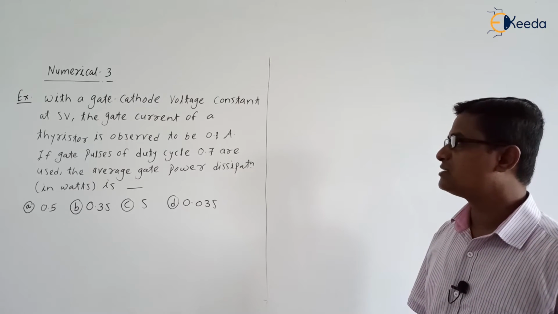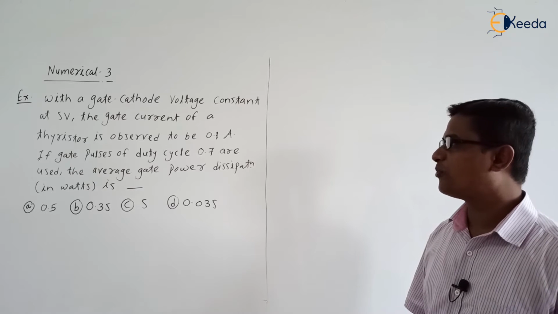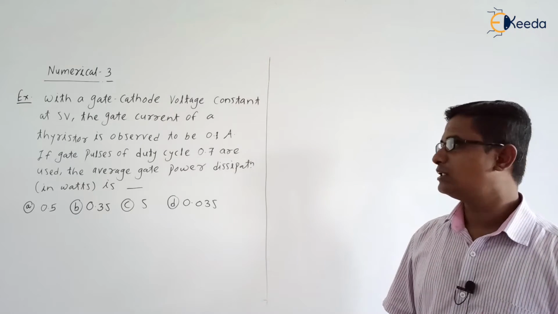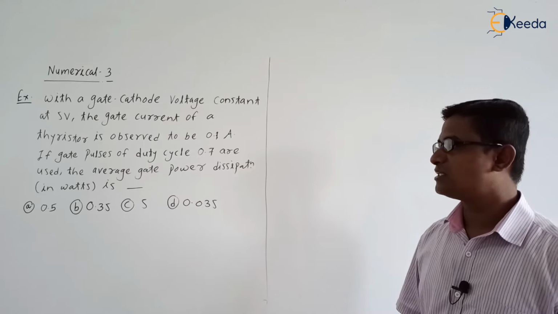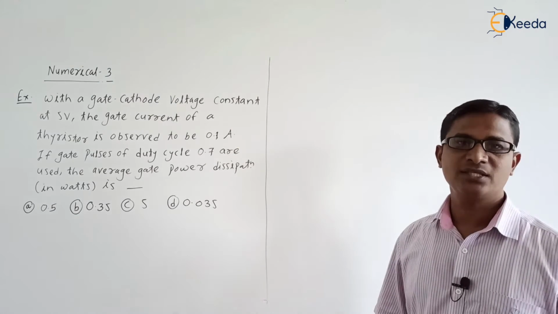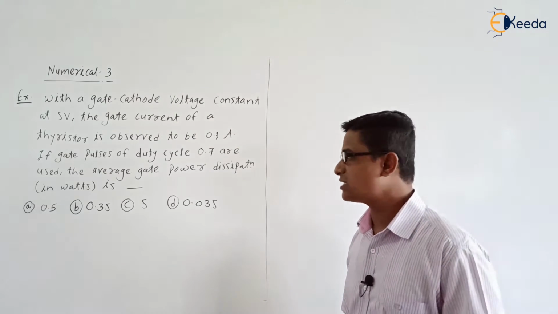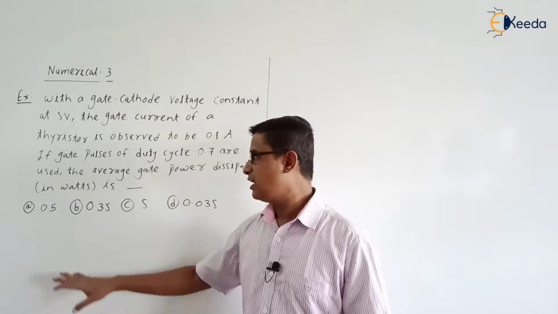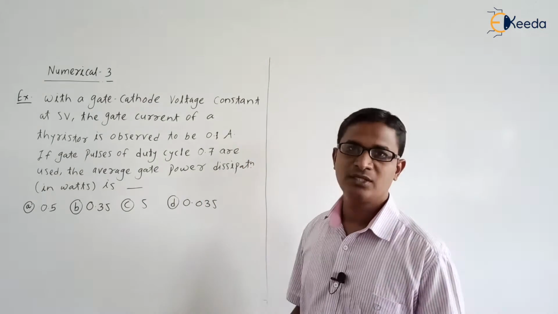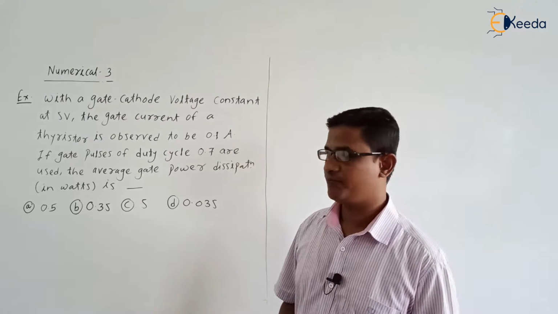If gate pulses of duty cycle 0.7 are used, the average gate power dissipation in watts is... So they have asked, our task is to find the average gate power dissipation, and they have given the 4 options. Please first note the given data.